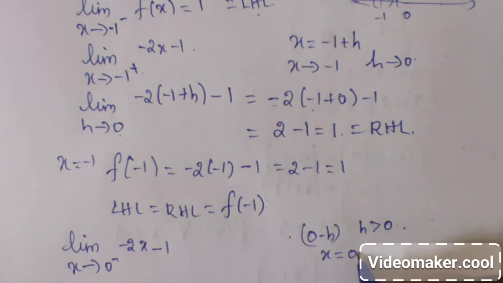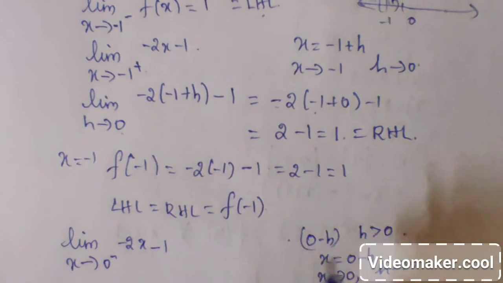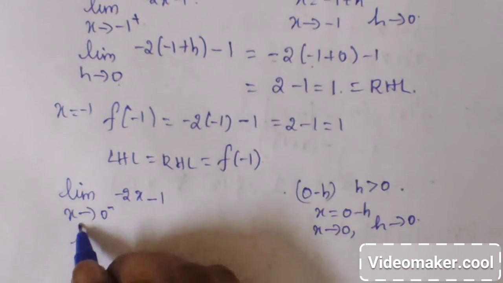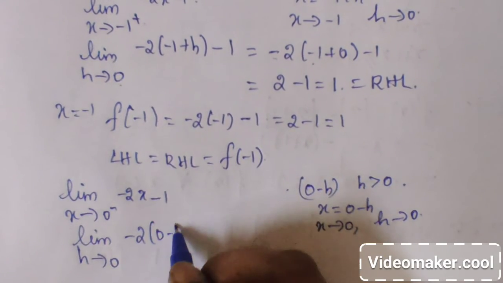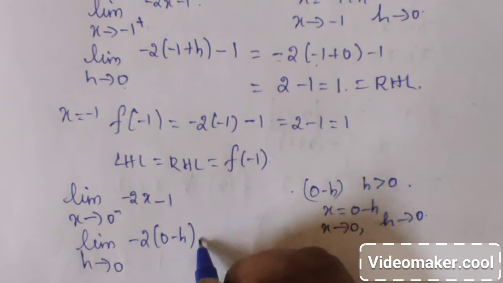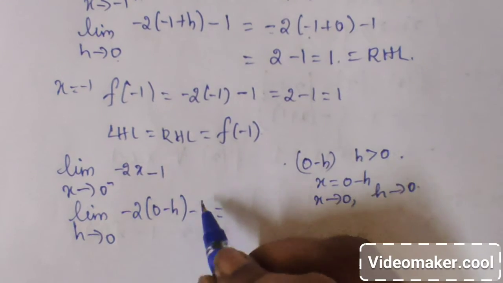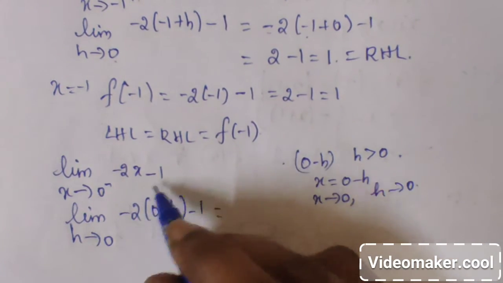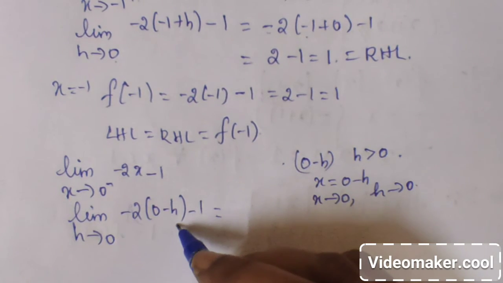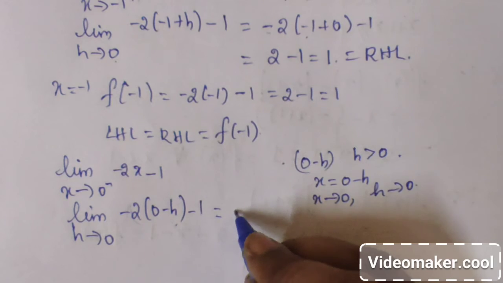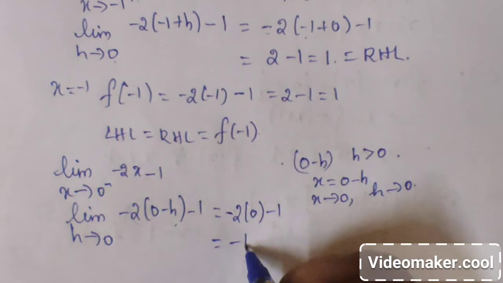So x will be 0 minus h. As x tends to 0, h tends to 0. So we get limit h tends to 0 of -2 times (0 minus h) minus 1. After replacing h with 0, this term vanishes, and we remain with -1.